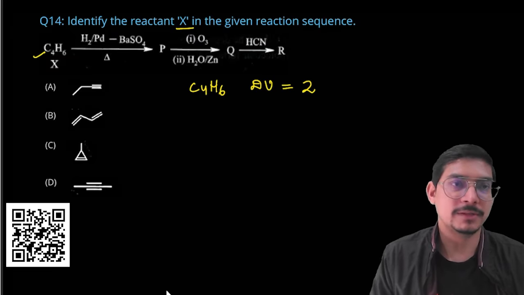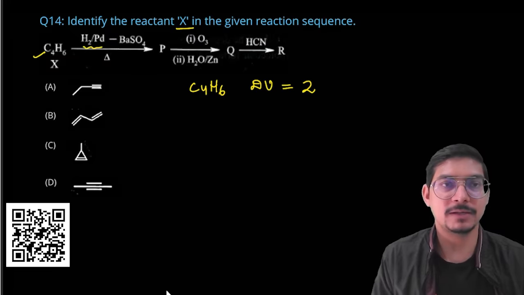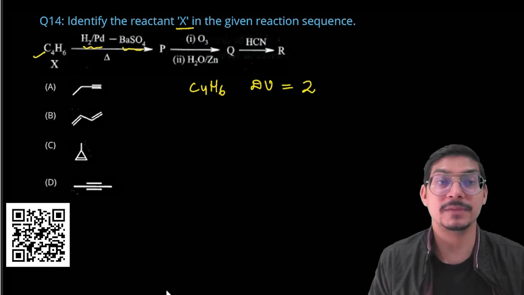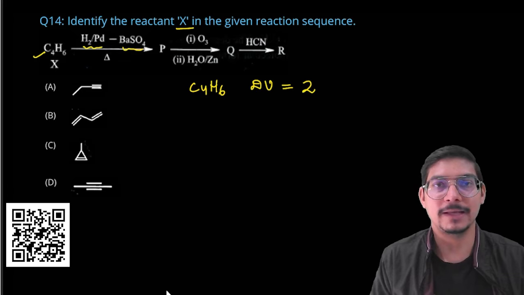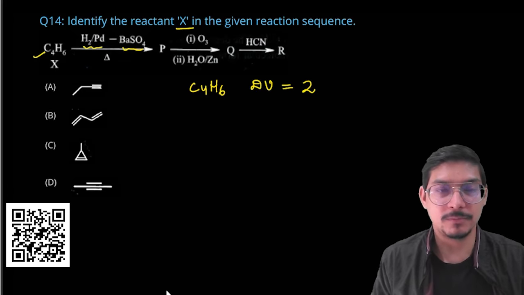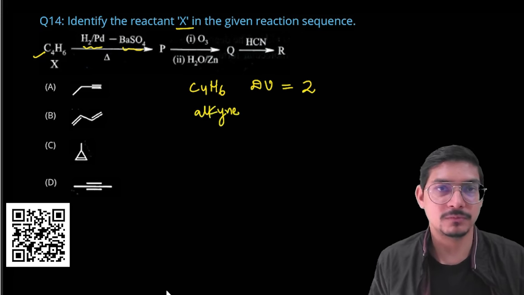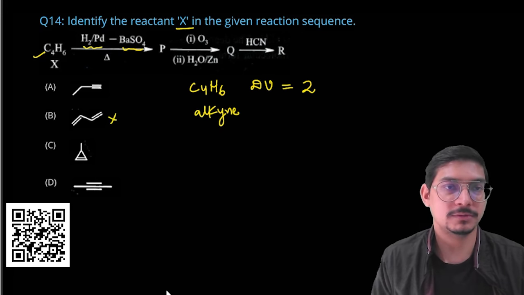The first reagent is catalytic hydrogenation in the presence of palladium catalyst, but we also have the poison barium sulfate. So this is an example of Lindlar's catalyst where an alkyne is reduced to cis alkene, which means that this compound is an alkyne. The 2 degrees of unsaturation would be present in the form of 2 pi bonds.